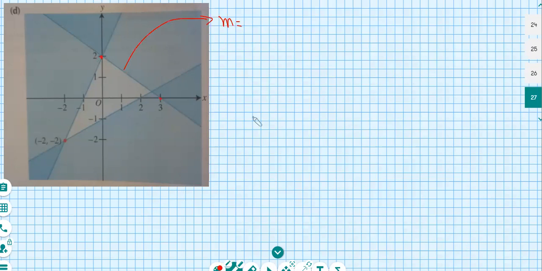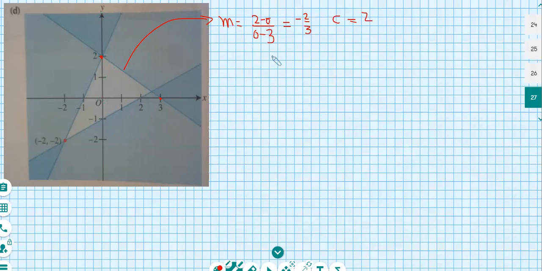So y2 minus y1 will be 2 minus 0, this is rise, and 0 minus 3, this is run. So 2 over minus 3 is minus 2 by 3. This is the gradient. Next thing is the y-intercept, which is c. As this line passes through the y-axis at 2, c will be equal to 2.